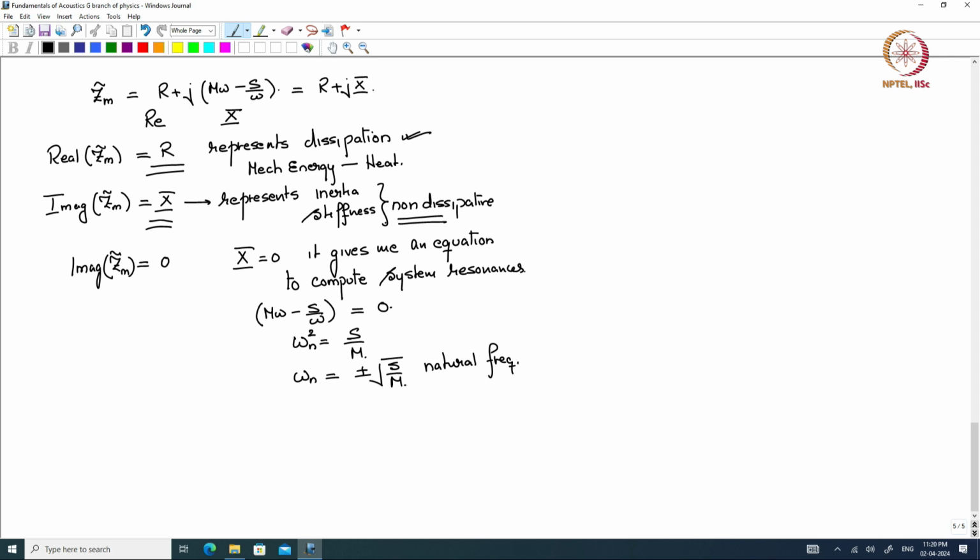Now the other aspect is that this impedance is intrinsic to the system. That means it does not depend on forcing.